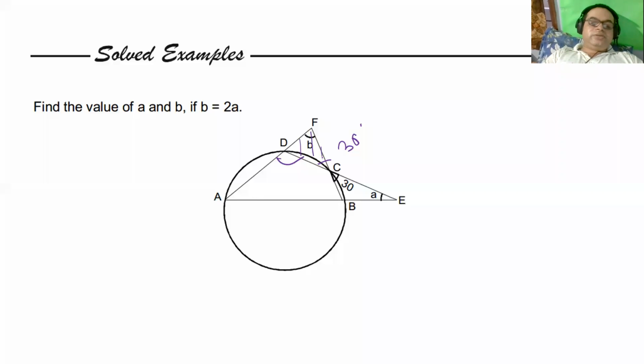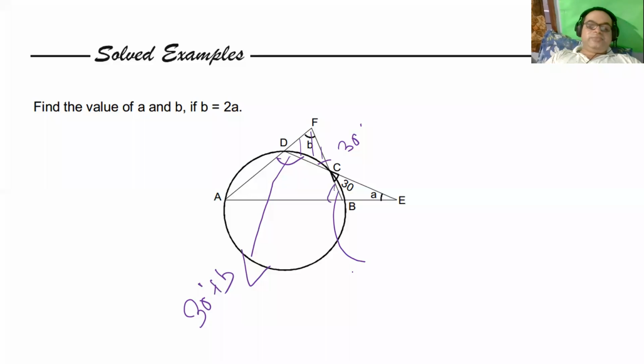So this angle will be 30 degree plus B. Similarly, my dear friend, this angle will be the exterior angle for this wala triangle. So angle ABC will be equal to 30 degree plus A.